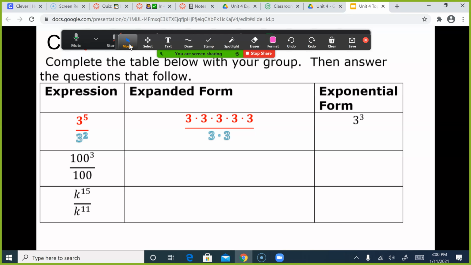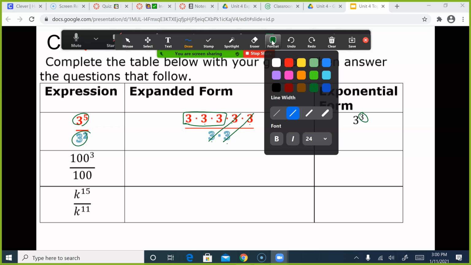So here I'm dividing 3 to the 5th, so I have 5 3's, by 3 squared, so I have 2 3's. So when I reduce them, these cancel each other out, so I only have 3 left over. So that's where the cube comes from.